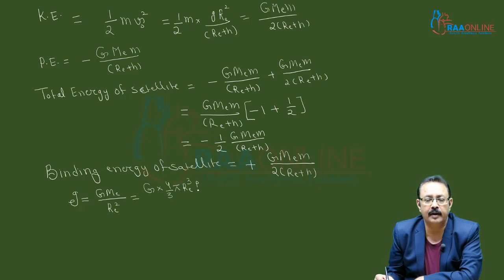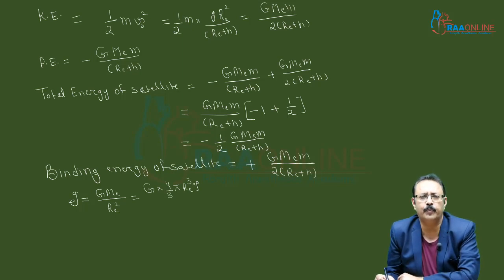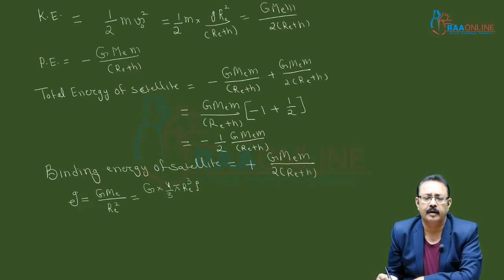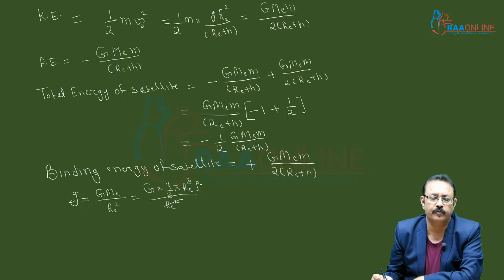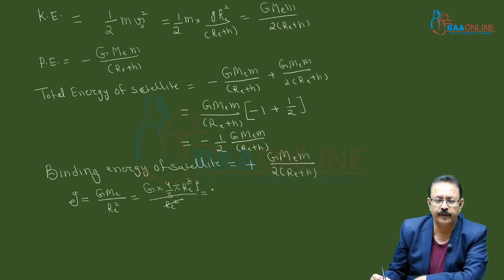I am taking mean density of Earth's material as rho. It is nearly 5.5 CGS unit. So it is 4 upon 3 pi R cube into rho divided by RE square. Cancel 2 R. So what we are getting? We are getting 4 upon 3 pi G rho into RE.